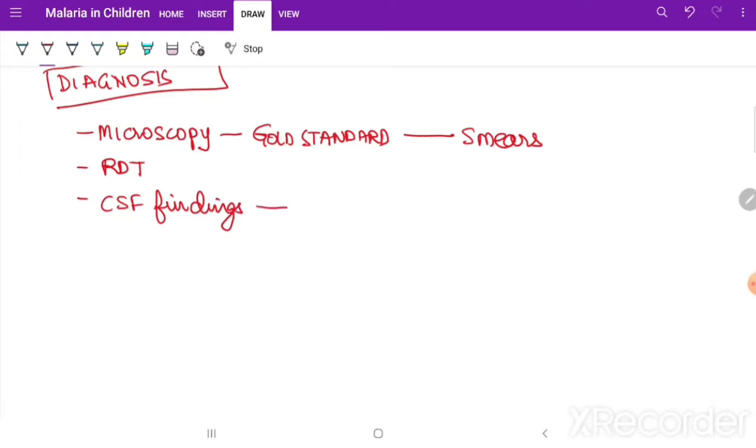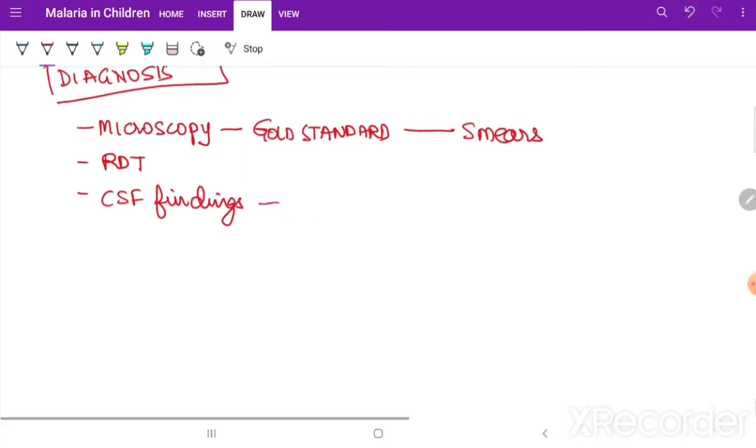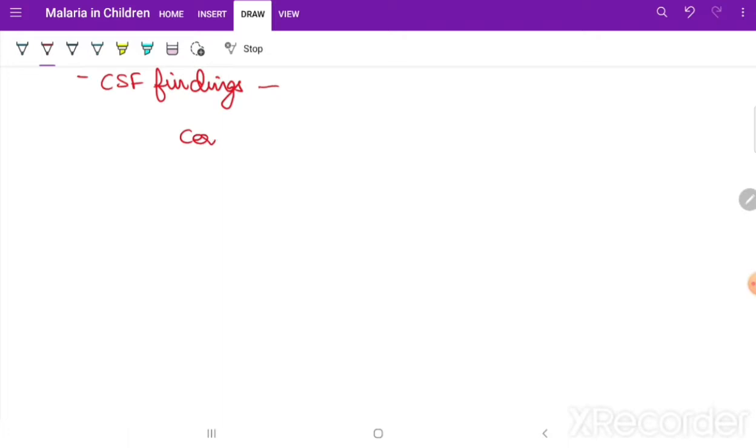The CSF findings in cerebral malaria when compared to bacterial meningitis, I'll write it this way: cerebral malaria versus bacterial meningitis.